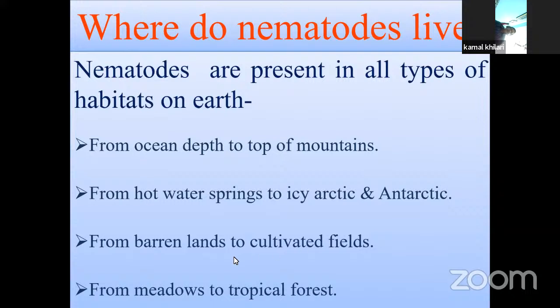They are present in the ocean depths, in the mountains, in hot water springs, and in the icy Arctic and Antarctic regions. They are present in barren land and in cultivated land, in meadow soil and in tropical soil. So you can say that nematodes are omnipresent. Everywhere nematodes are present.